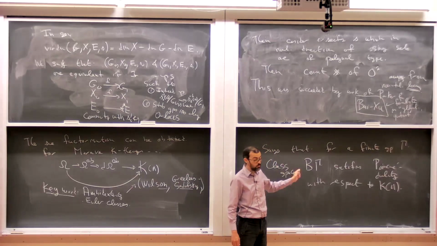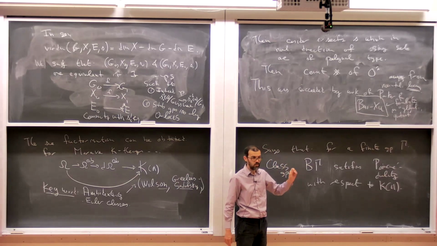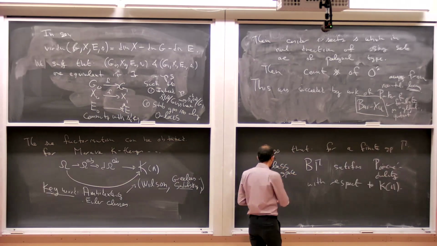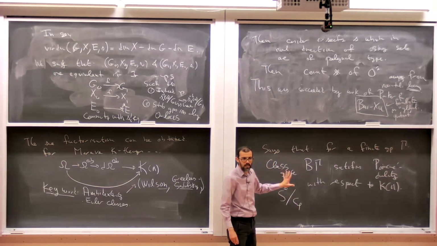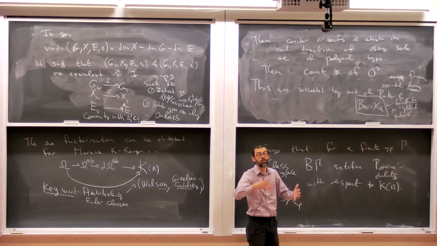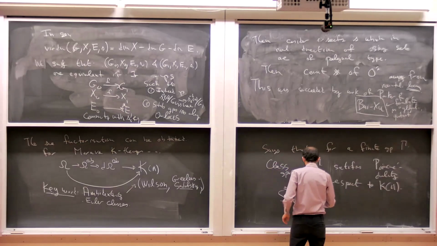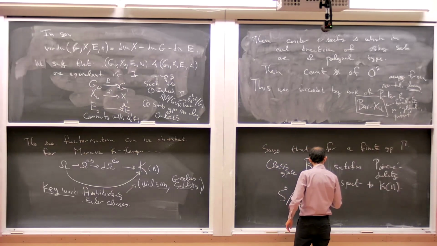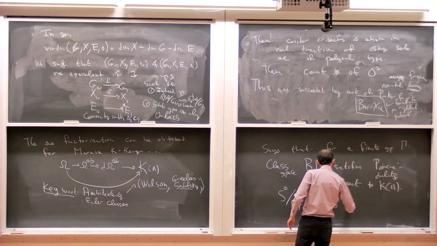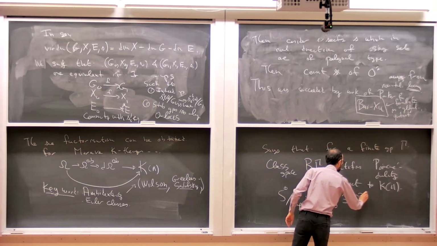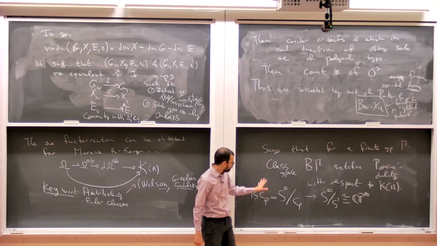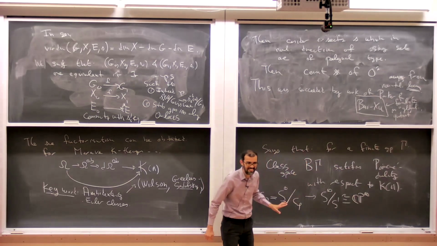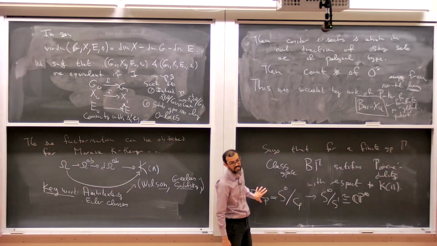The way this is proved is you prove it for a cyclic group of order p using the presentation as a circle bundle. It maps to S infinity over S1, which is CP infinity, the infinite lens space. You just use the Gysin sequence to compute the Morava K theory of this.